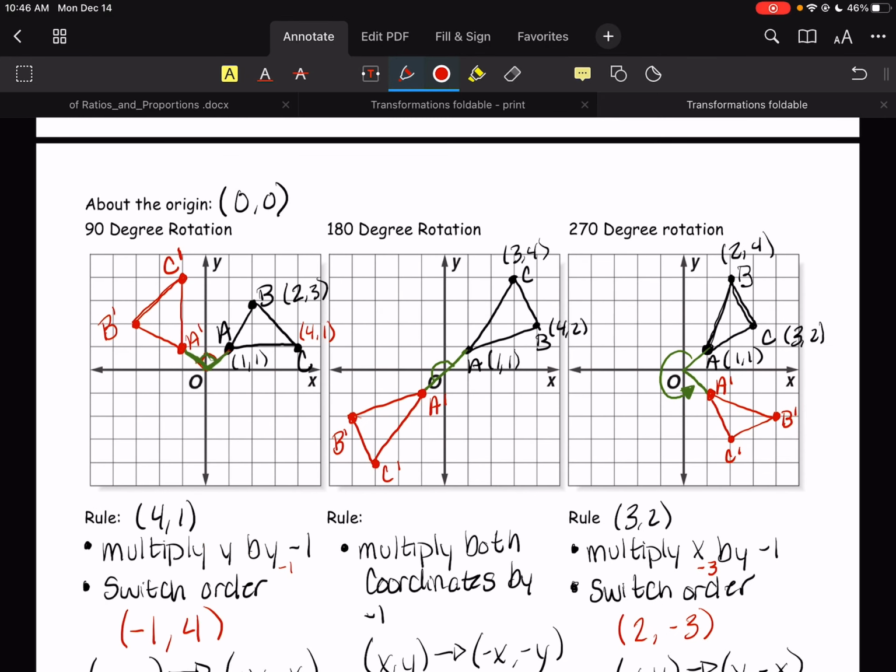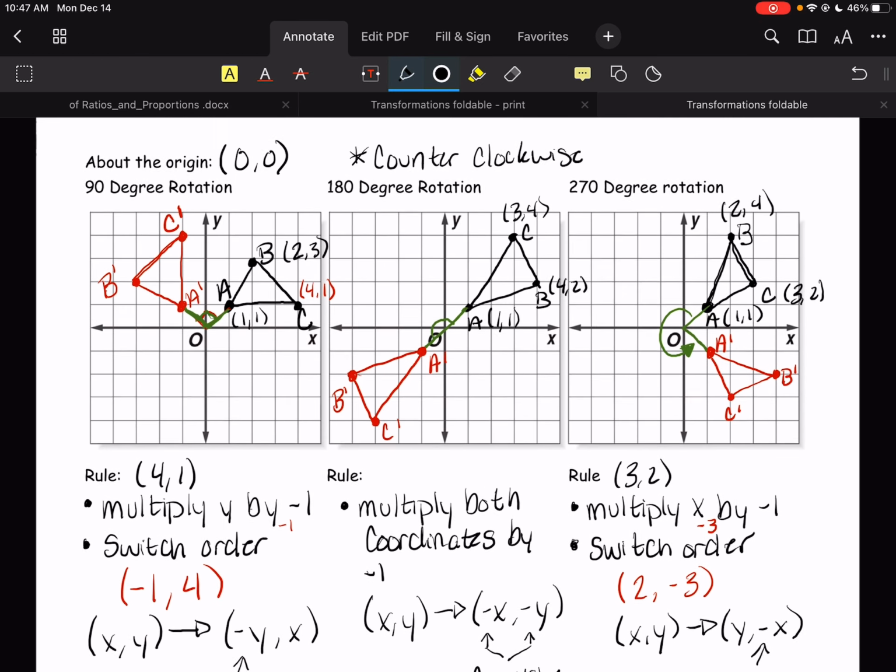So those are examples of rotation. I rotated it in the counterclockwise form. So all of these are done counterclockwise. If you did it clockwise, it would still be the same idea.